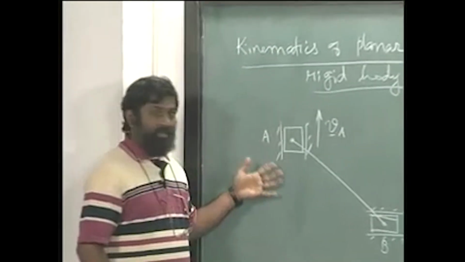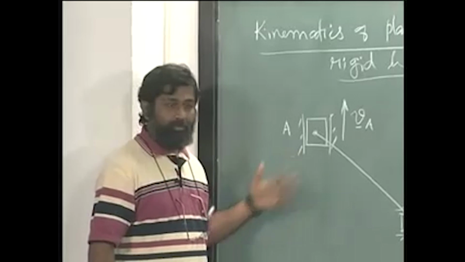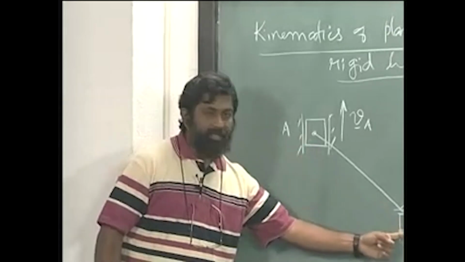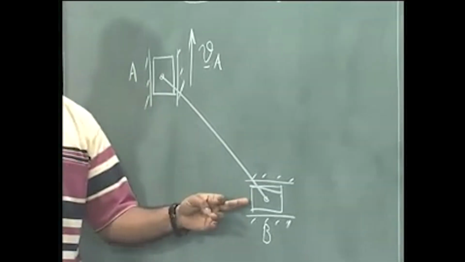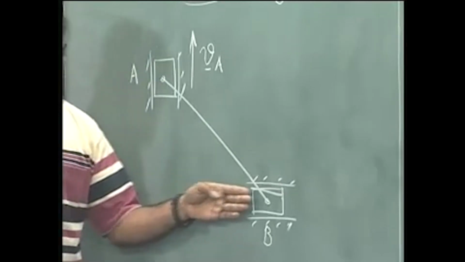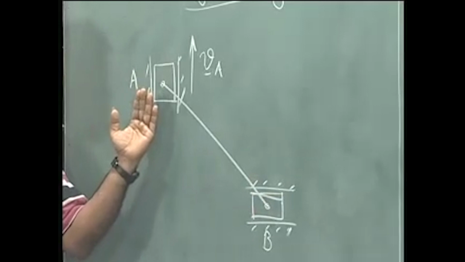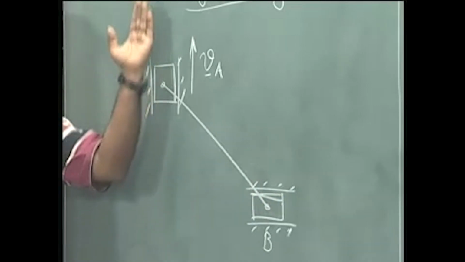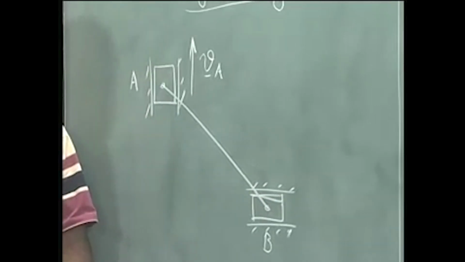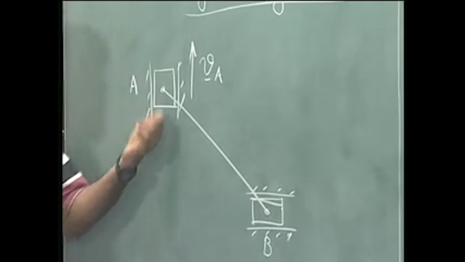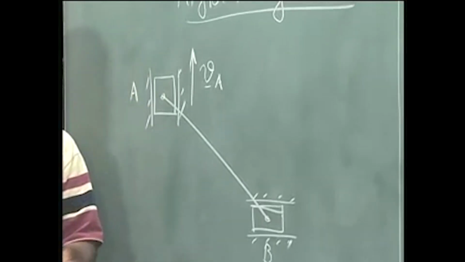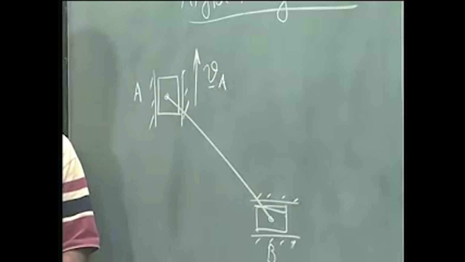Now, this is one category of problems. I have one rigid body AB connected to two blocks. One block is constrained to move along this slot and another is constrained to move along this slot. Usually the velocity of this is given and we need to find out the other quantities.